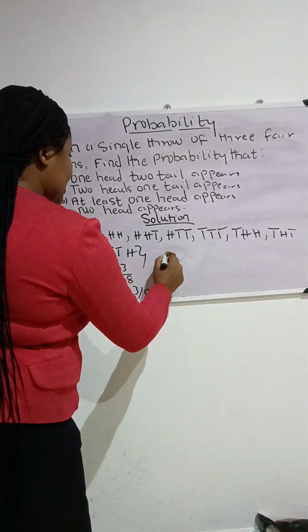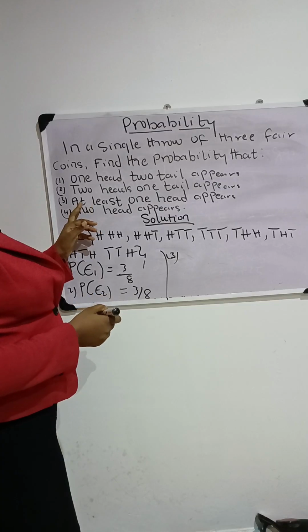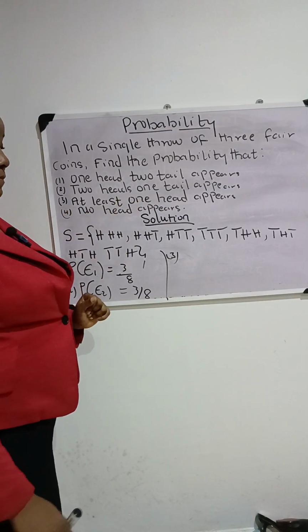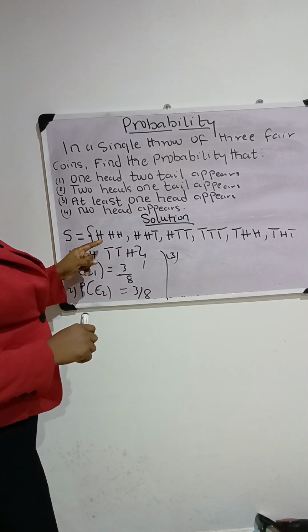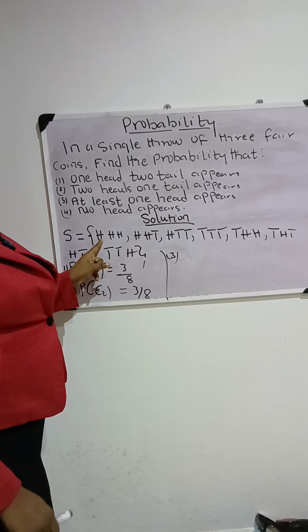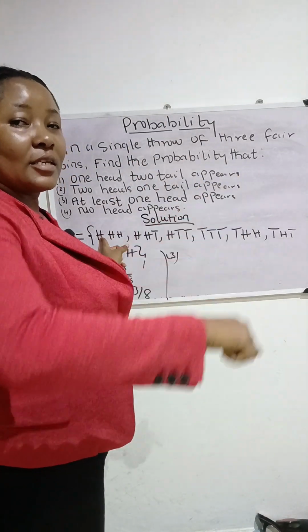And then number 3 here, they said the probability that at least one head appears. So we could have more than one head appearing. At least one head, that is, we must have a head in that event.